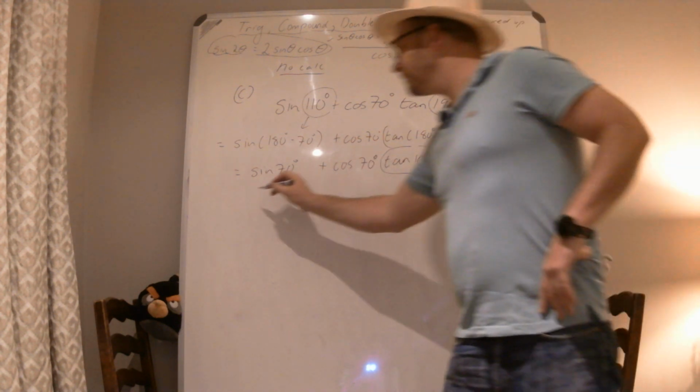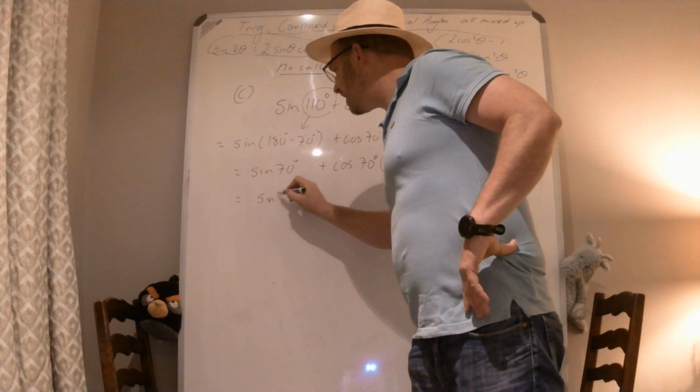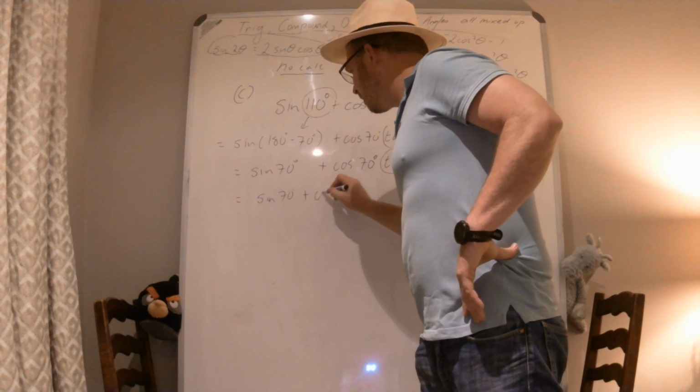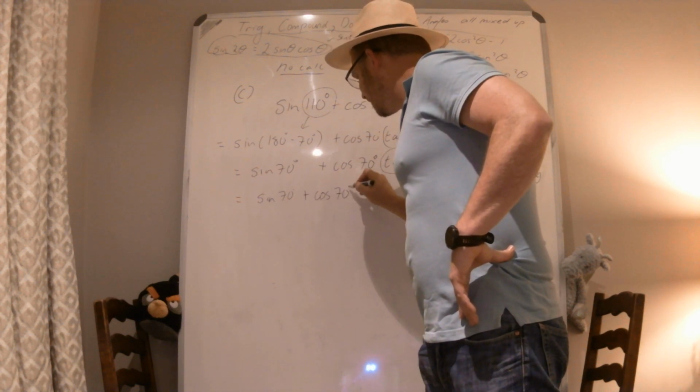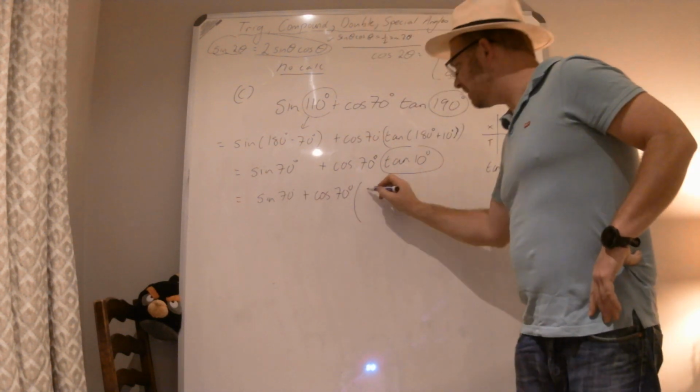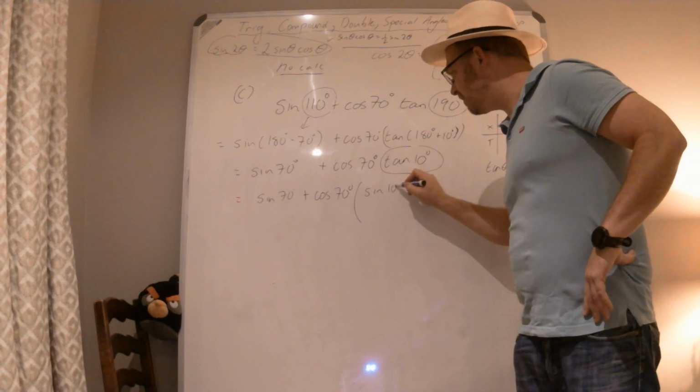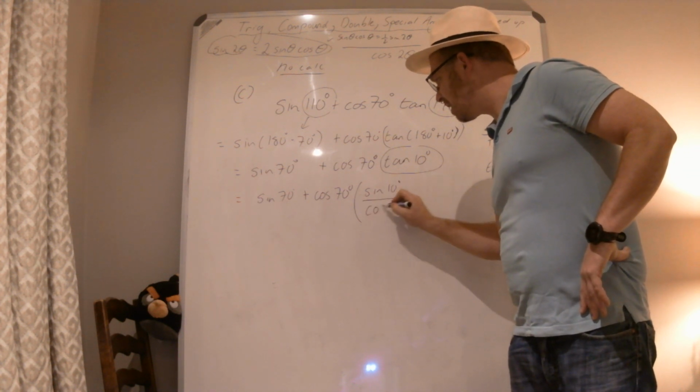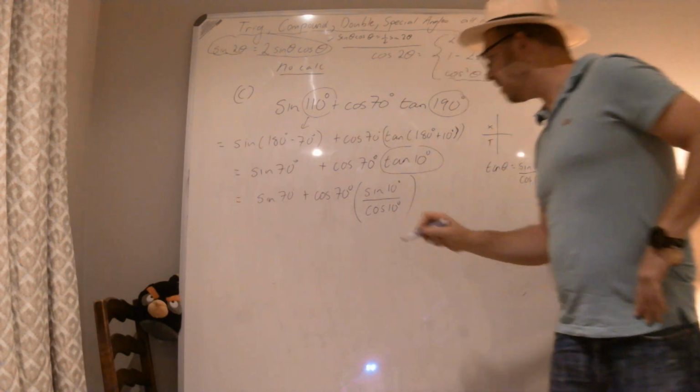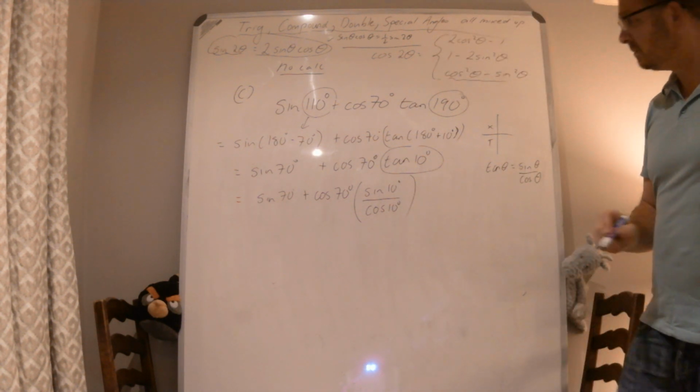So in other words, we're going to have sine 70 plus cos 70. So what's that going to become? Exactly, Merve. Sine 10, you have redeemed yourself, over cos 10. Right?